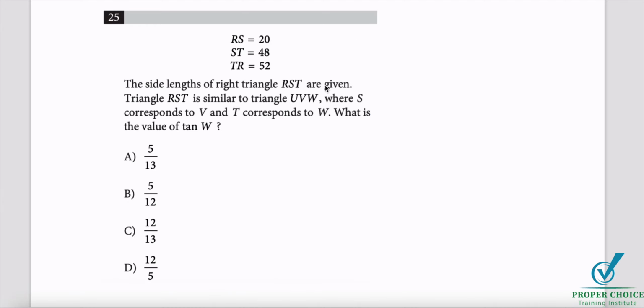Let's talk about the next question now. The side lengths of a right triangle RST are given. Triangle RST is similar to triangle UVW, where S corresponds to V and T corresponds to W. What is the value of tan W? This is again one of the most commonly tested concepts in the digital SAT.